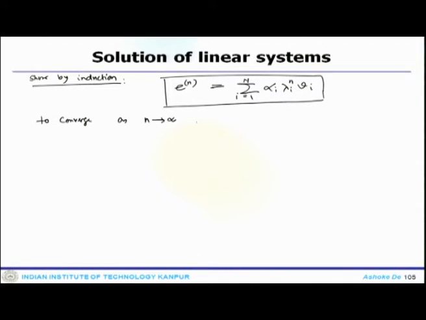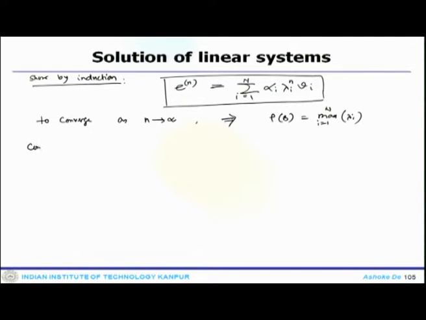All the eigenvalues should be less than 1. If any one of them is greater than 1, then the error will tend to infinity. Which means my spectral radius of B should be less than 1, because lambda corresponds to the eigenvalues of that matrix B.